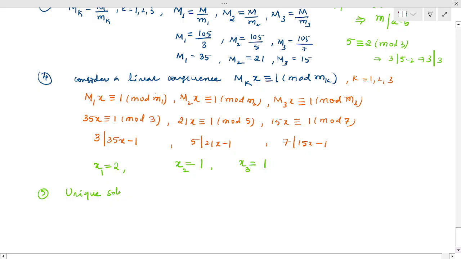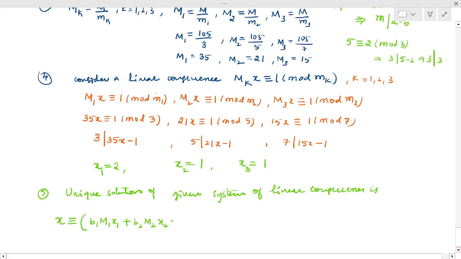Unique solution of given system of linear congruences is given by x is congruent to b1 into capital M1 into x1 plus b2 into capital M2 into x2 plus b3 into capital M3 into x3 mod capital M.